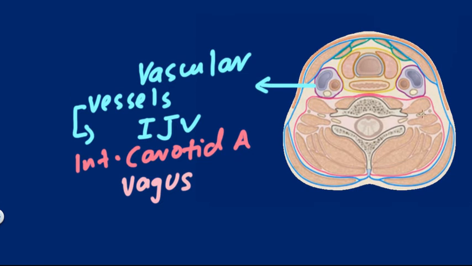अच्छा, now as you can see here, you have two vascular compartments, one visceral compartment.